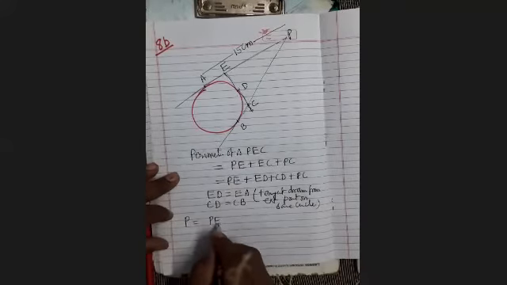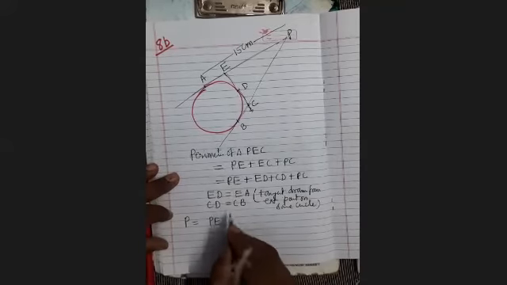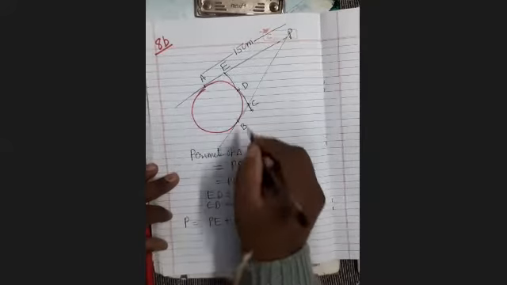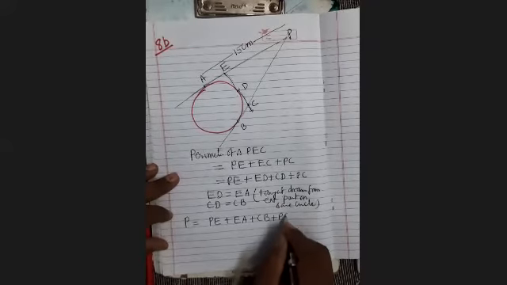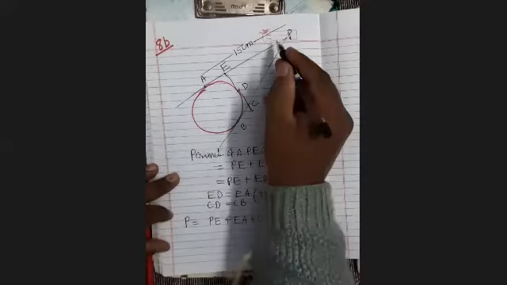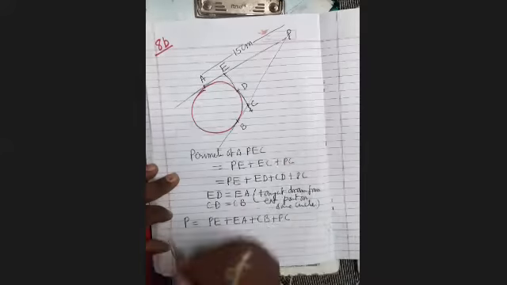PE, in place of ED you can write EA, in place of CD you can write CB, plus PC.